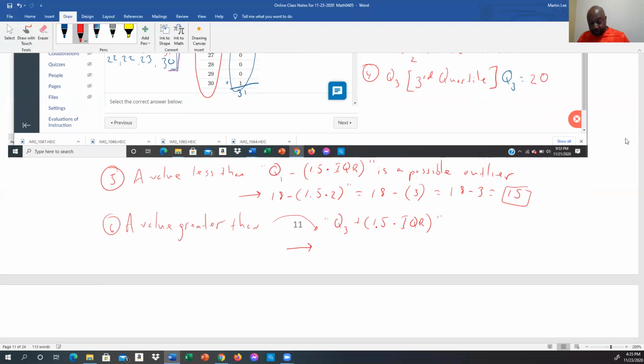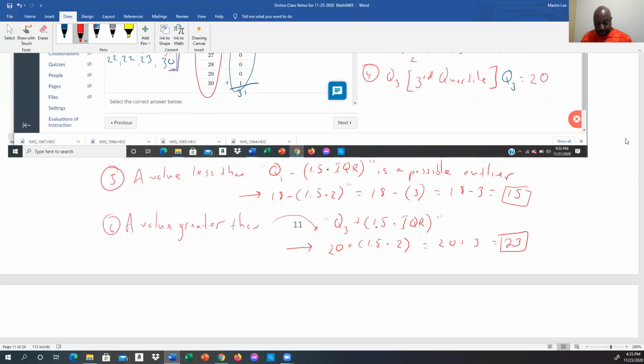All right, so Q3 is equal to 20 plus 1.5 times IQR, which equals 2. And so this gives me 20 plus 3, which equals 23.